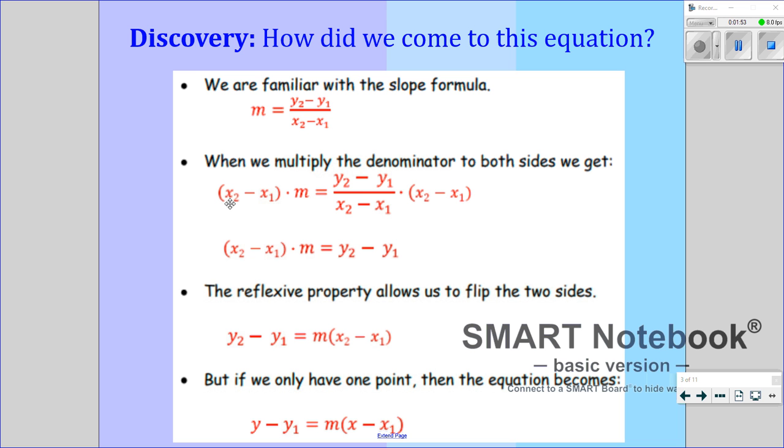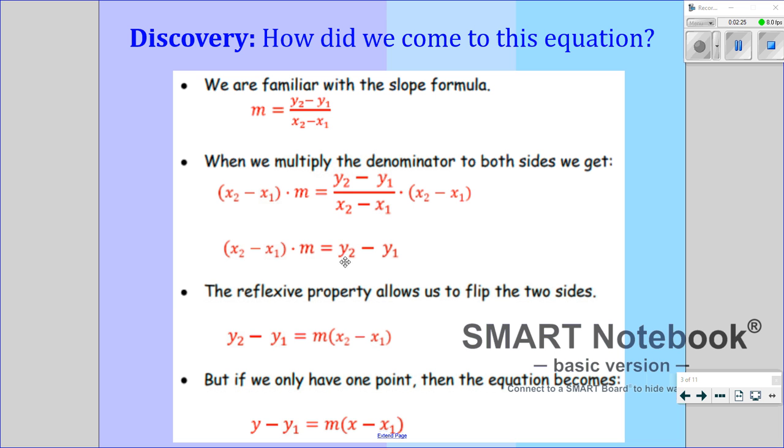You have the x2 minus x1 on one side multiplied with the m, and on the other side multiplied with the fraction, or the slope formula. We do this so that the x2 minus x1 cancel each other out, the top and bottom cancel out. Once you do that, you're left with y2 minus y1 on one side, and m times x2 minus x1 on the other.